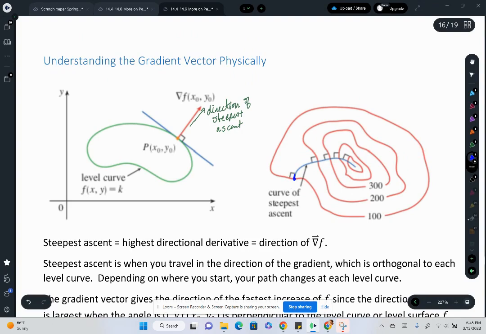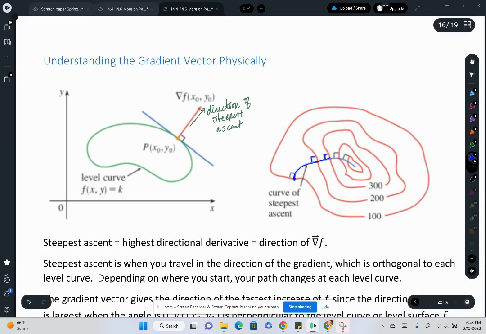So that I form a right angle with my path and with the level curve. But then I need to aim towards the next level curve. And when I get to the next level curve, I need to get there orthogonally, right? So I have another right angle. Then I go through that curve, maintaining the perpendicular relationship, and get to the next level curve. And again, still maintaining that right angle there.